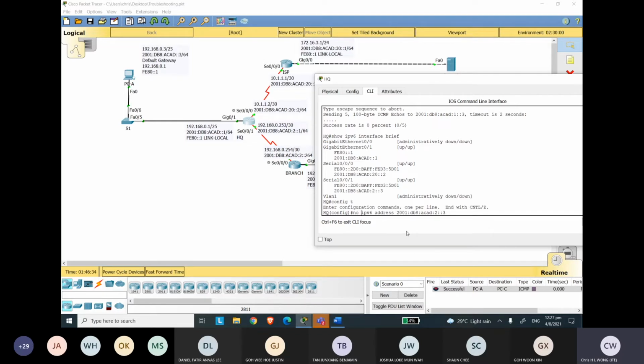Mr. Wong: IPv6 route, not address. Why route? I thought it's routing. No, I'm checking on the address. This is the address. Okay, routing, sorry.